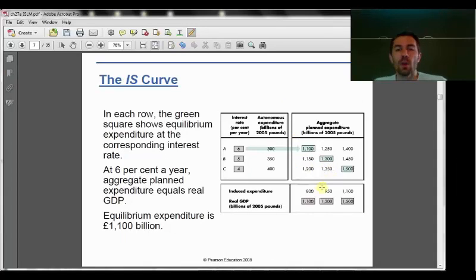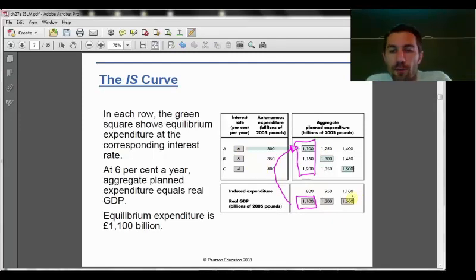So if we keep this level of GDP constant and we look at those different interest rates, we get different levels of aggregate planned expenditure. And there's only one of those levels of aggregate planned expenditure that is equal to the level of real GDP, and that is the level that corresponds to an interest rate of 4%.